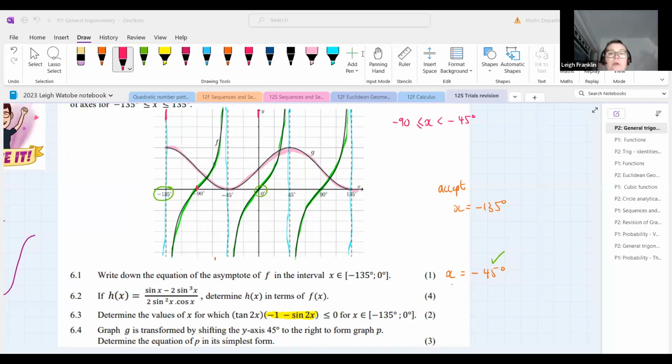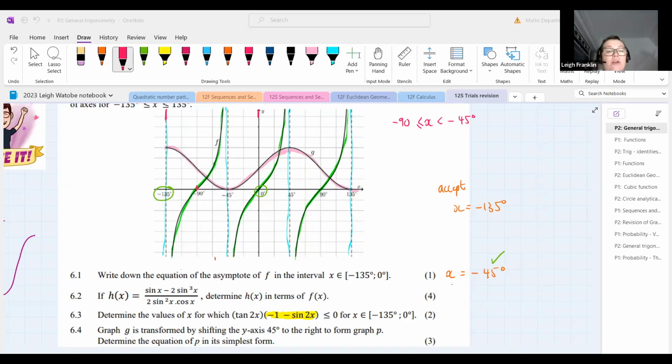I hope so. Okay, Jamie's not answering. I'm hoping that makes sense to you, Jamie. All right, so back to question 6.4. They've moved the y-axis 45 degrees to the right.